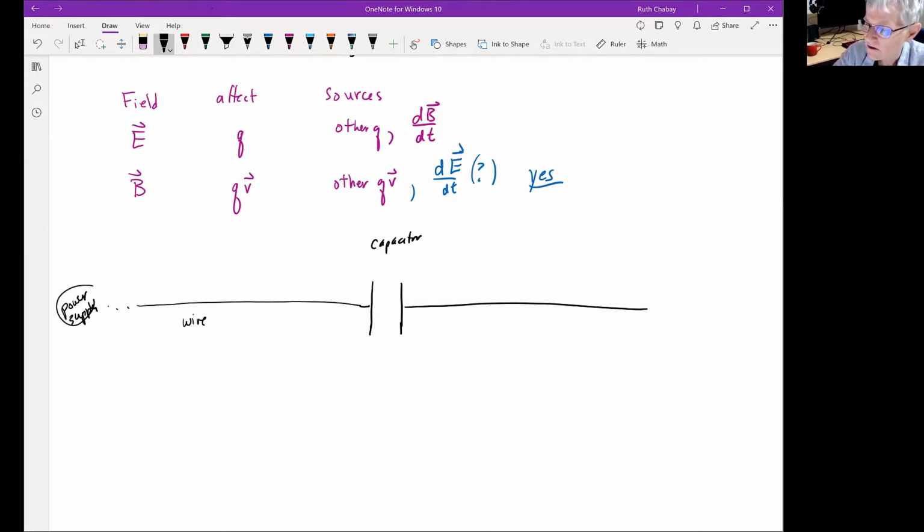So let's talk about conventional current. We'll imagine moving positive charges, conventional currents going that way, and charges, of course, building up on the capacitor, right? So we're talking about this long, drawn-out transient where we're charging the capacitor.